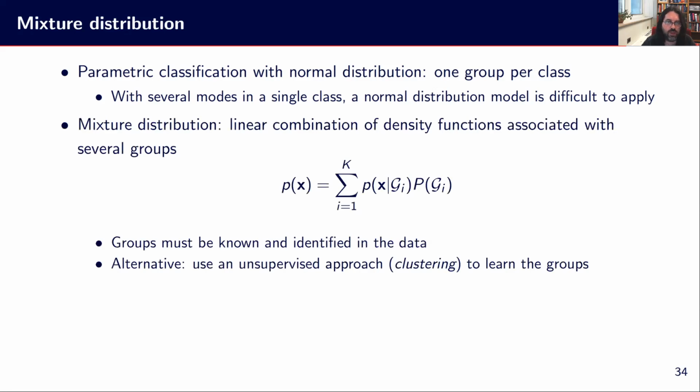So the point is to make use of what we call a mixture distribution, a mixture model. So we are combining several density functions to describe something with several groups. And as such, it gives us a distribution. So this is the distribution over x's, which is in fact combining k groups. So we have groups from 1 to k.